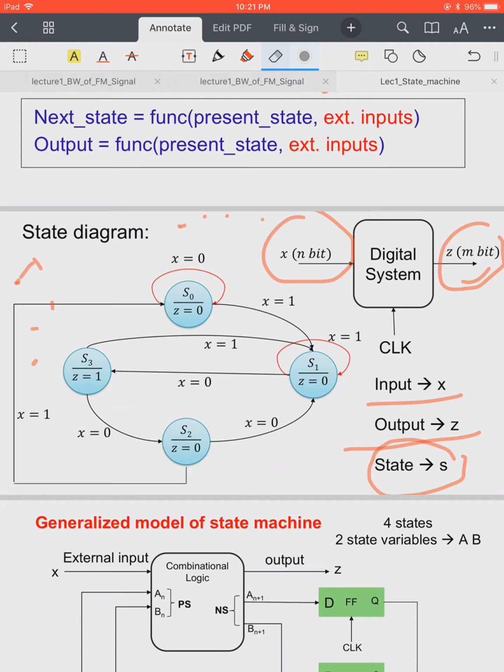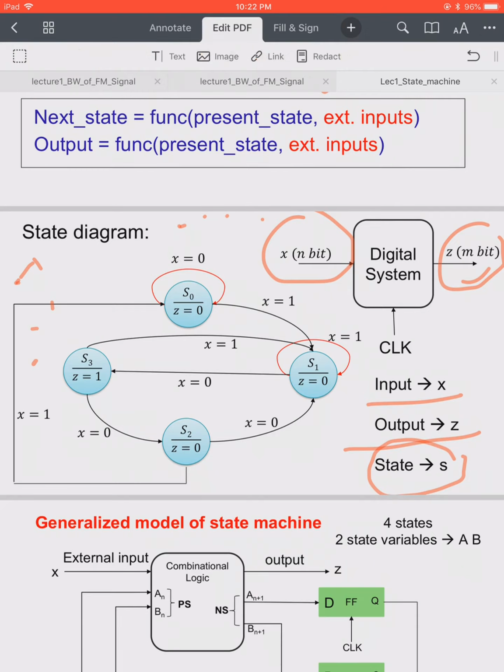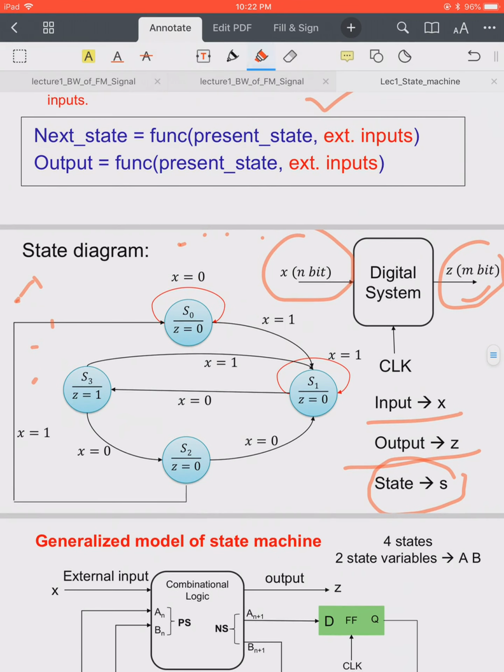This red circle is showing that if the input is 0 at state S0, it remains at S0, it does not change its state, as long as the input x is 0. But when the input x becomes 1, the system changes its state from S0 to S1.